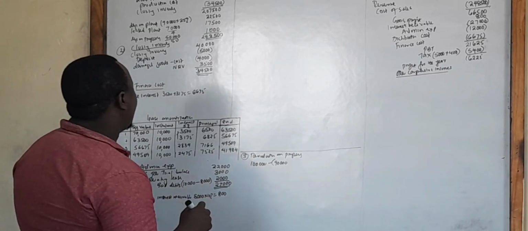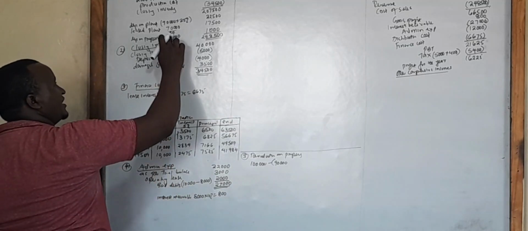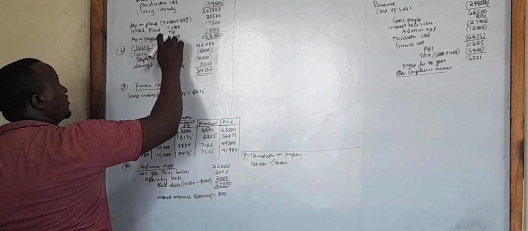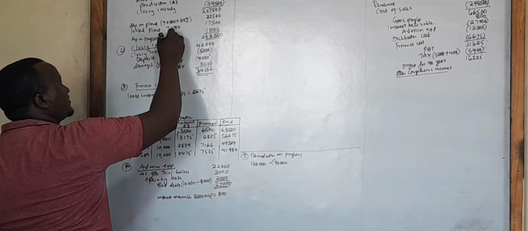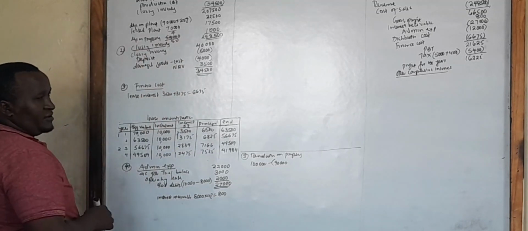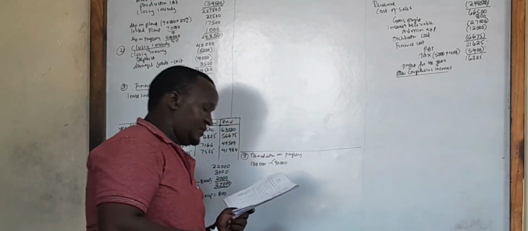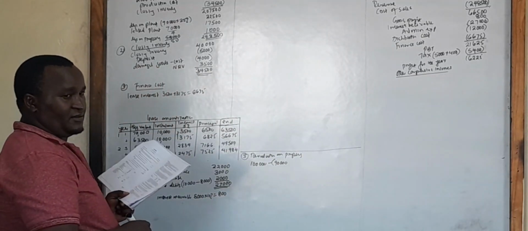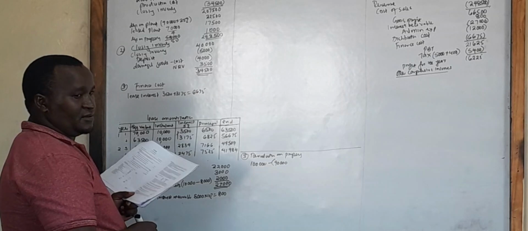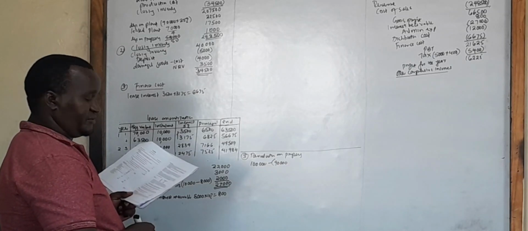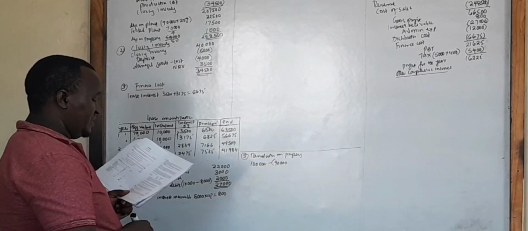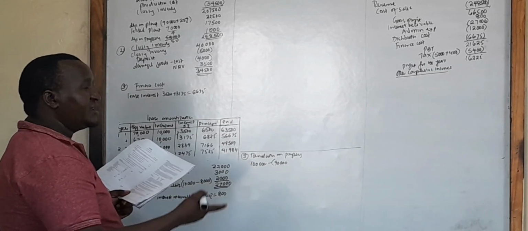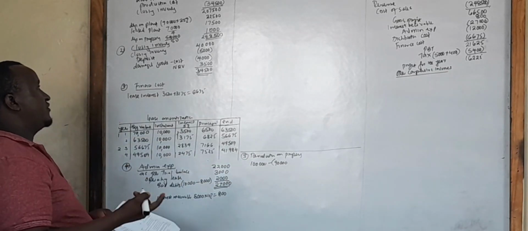Because the depreciation for the current year, come back here, it should be based on 54, not 50. So 54 is at the beginning, on 1st May. That's why the revaluation took place at the beginning of the year, so we shall depreciate at the beginning of the year.